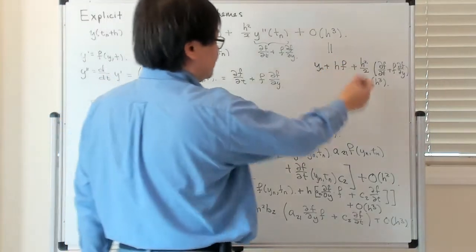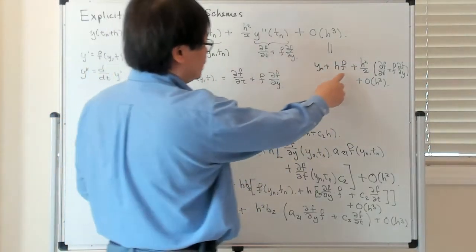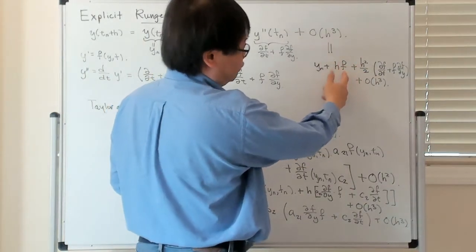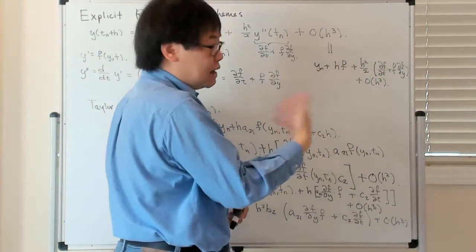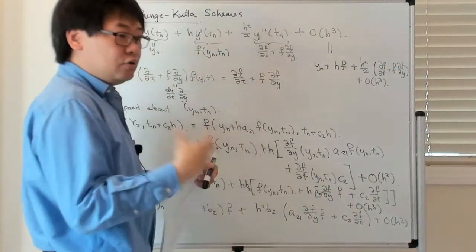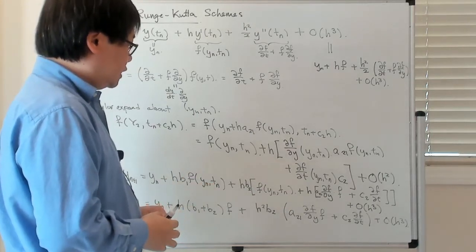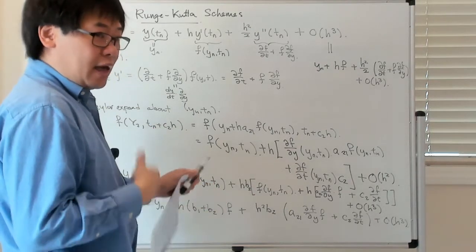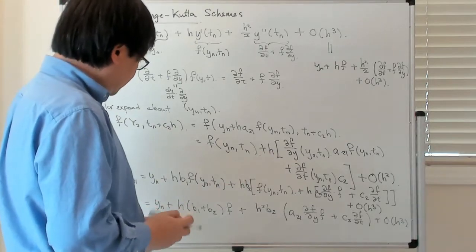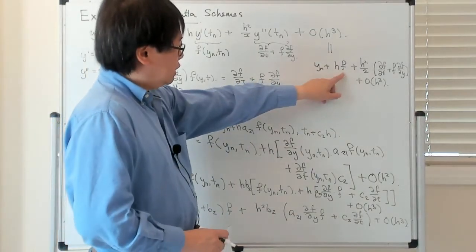You want this to be true for any possible f, so you expect the f's to be independent of the df/dt's and the df/dy's. So you just match the coefficients of all these distinct terms involving f and its partial derivatives.